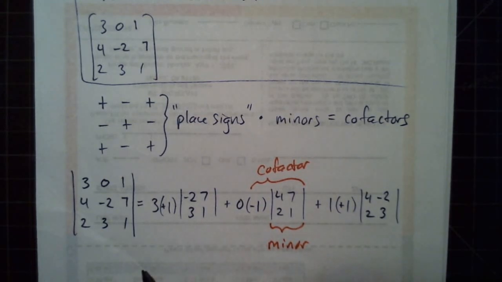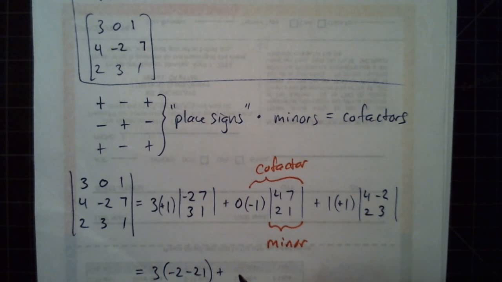Alright, so now we're doing the determinant. We have 3, and we'll do the determinant here. Negative 2 minus 21. 0.